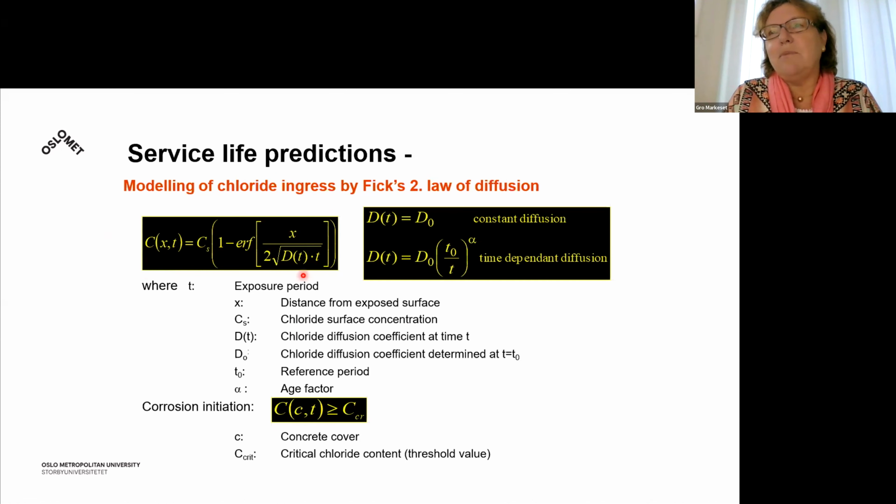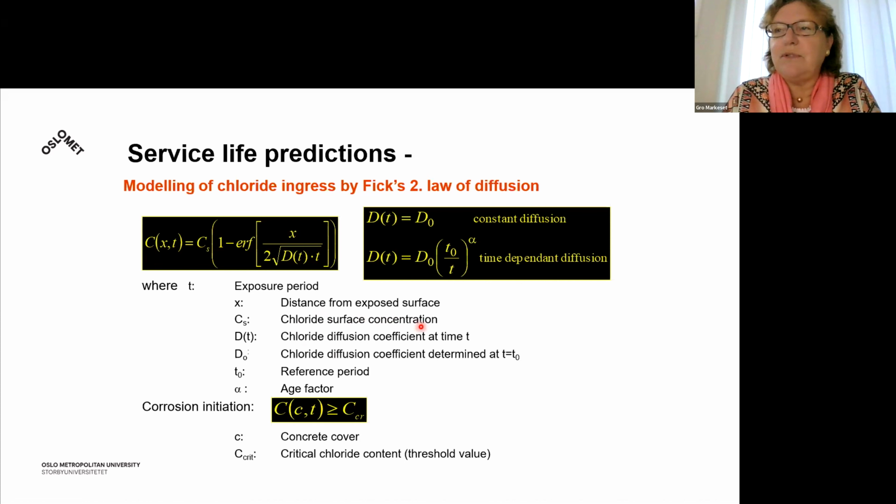I will not say too much about it, but we have some parameters where we include the time dependency of the diffusion, this aging factor alpha. So if we start to calculate this service life, we need information about all the parameters, where x is the distance from the surface of the structure, and that is the parameter we calculate to reach a certain service life. We need the chloride surface concentration, which can be found from existing structures.